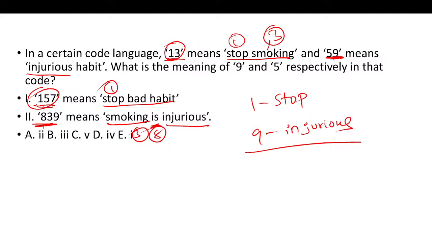Okay, stop is nothing but 1, and habit is nothing but what? 5, and this is obviously 7. Are we able to find out the numbers for 9 and 5? Yes. If you compare these two, definitely we can identify the code for 9 comma 5.